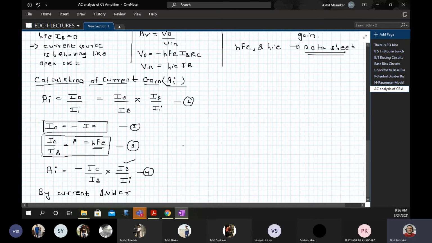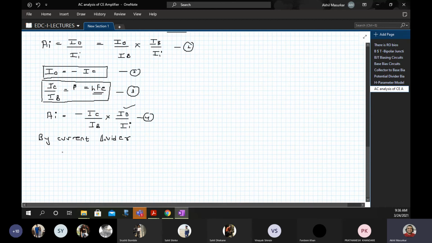Now I want to find out what is II. So we are using the current divider rule. IB, that is the current flowing through HIE, is going to be R1 parallel to R2, the resistance of the other branch, upon R1 parallel to R2 plus HIE, into II.